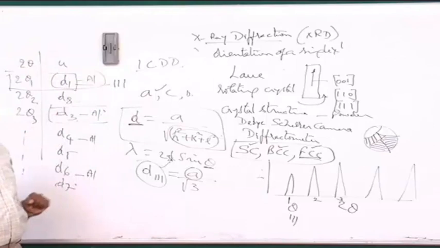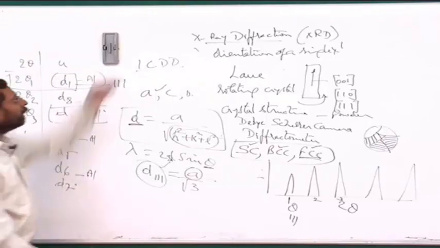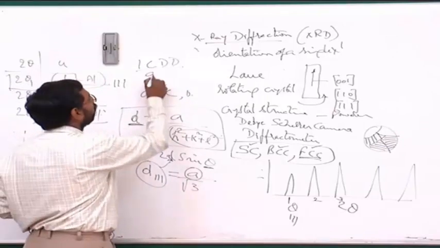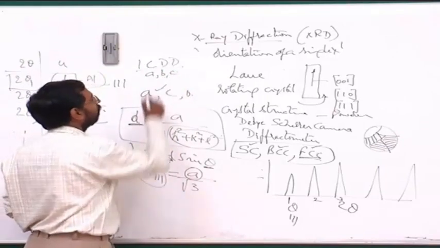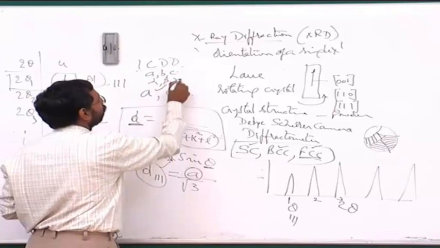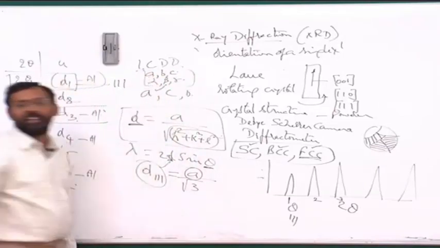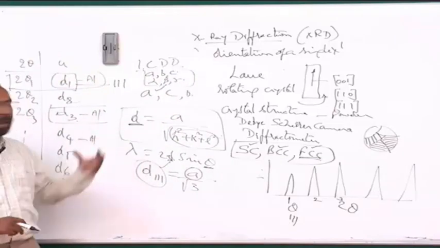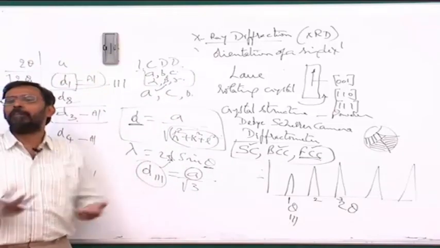Once I find out the phase corresponding to those peaks, in that particular data handbook itself, you will see what are the a, b, c for that phase, what are the alpha, beta, gamma for that phase. These are all listed there. In fact, this ICDD data handbook is always continuously updated.